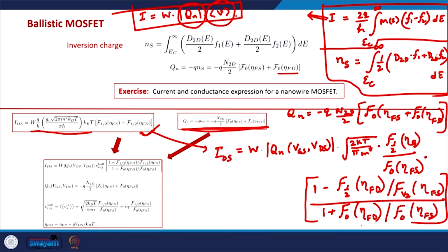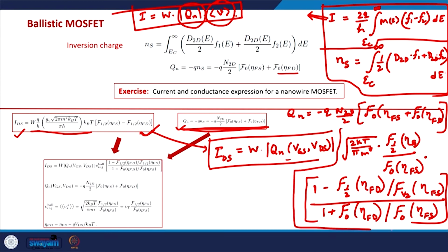So we divide this IDS expression by Qn and see what happens on the right side. We take the Qn to the right side, and this is what we obtain: IDS is equal to W times Qn times this factor here.